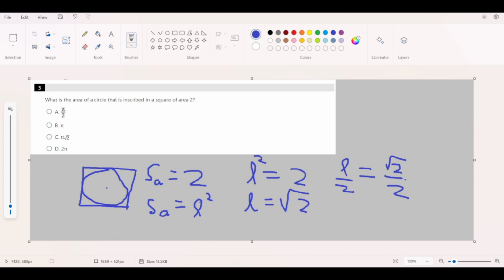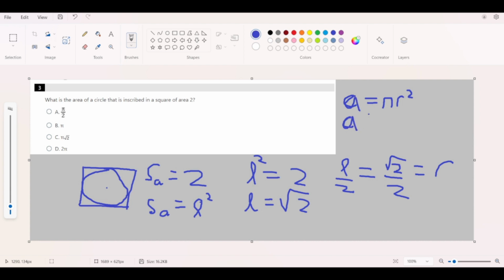Now, using the radius of the circle, we can solve for the area of the circle. Our circle's area is going to be equal to pi r squared. So, area, not circumference.